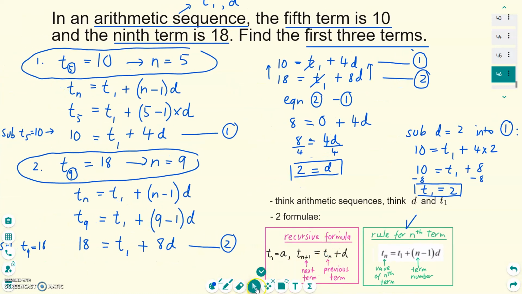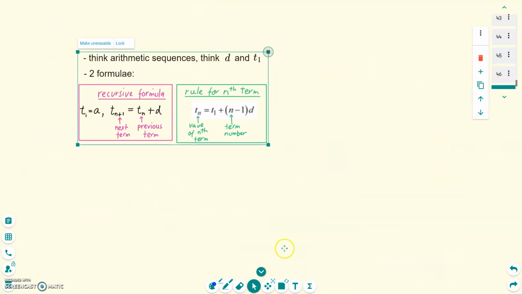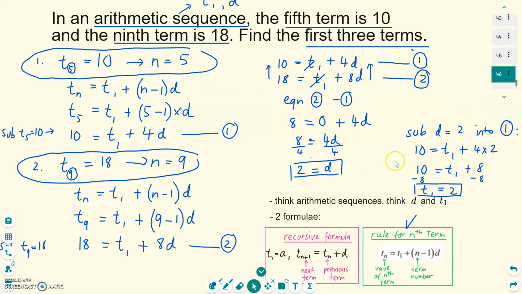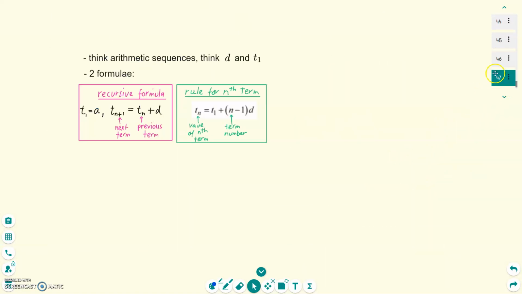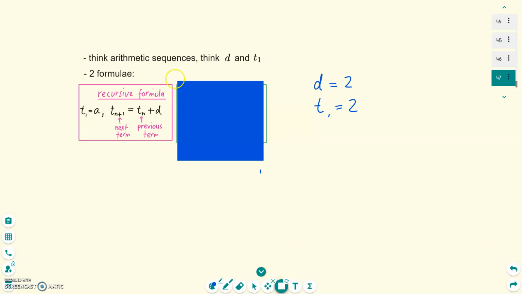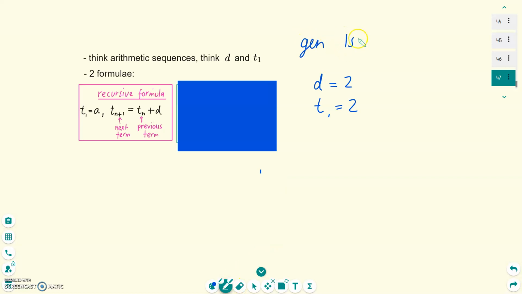Okay, so I reckon let's probably just go to a different page quickly. And we got D equals 2, T1 equals 2. And we're just choosing to use our recursive formula. And we're saying generate the first 3 terms of this arithmetic sequence.